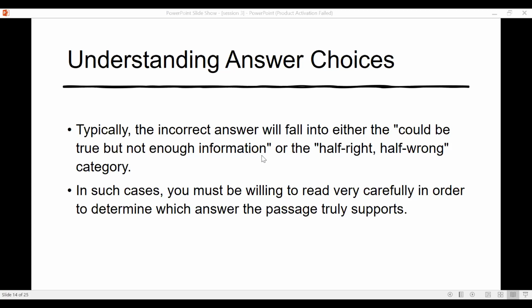You are not sure whether a certain word or a couple of words can be proven or not. Usually, these are the types of answer choices that you can get stuck between.